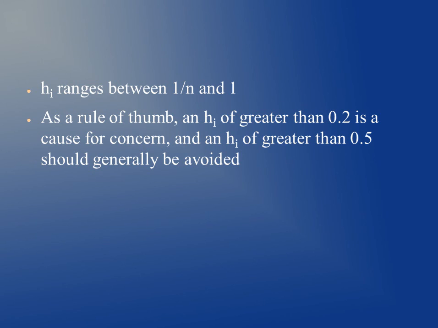If we have a hat statistic greater than 0.2, it's cause for concern, and a leverage value greater than 0.5 should generally be avoided. Those are just some rules of thumb to keep in mind when looking over your data points.